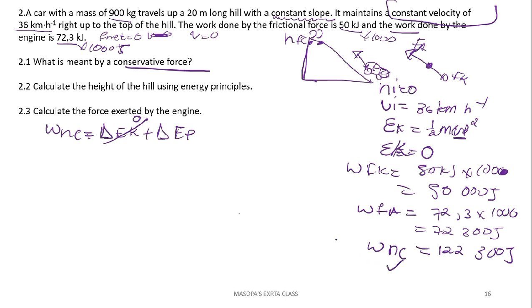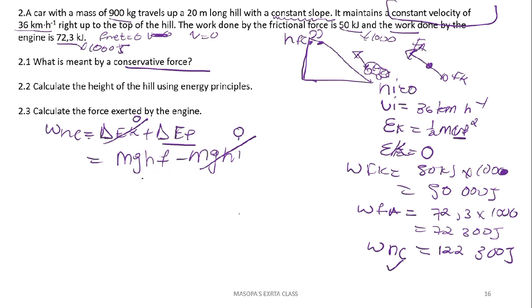Now let's look at the change in gravitational potential energy. Let's break this apart. We have mass times final height minus mass times initial height. But remember, the initial height is 0. That means you don't have initial gravitational energy.